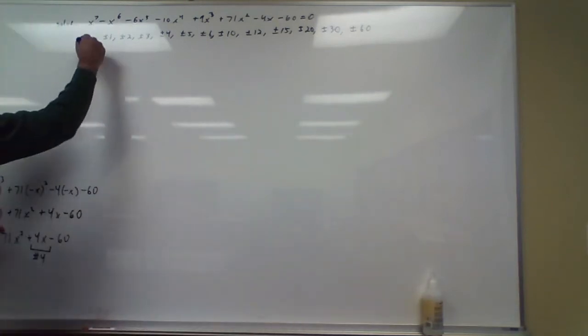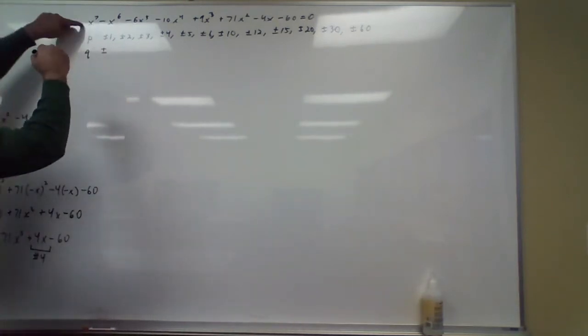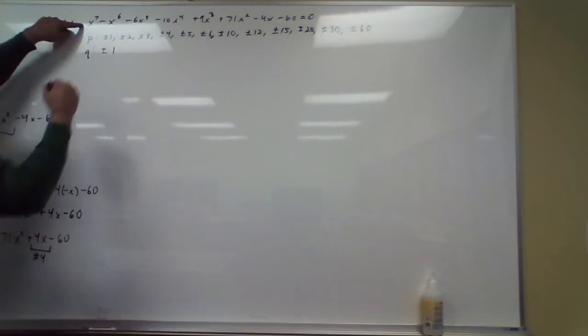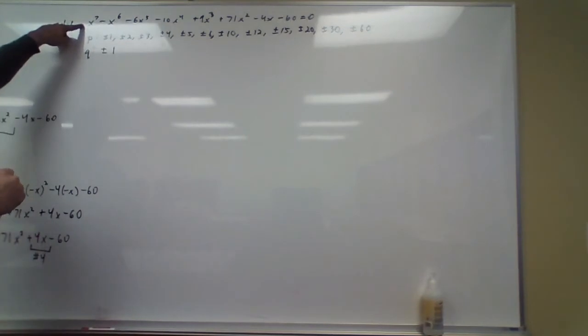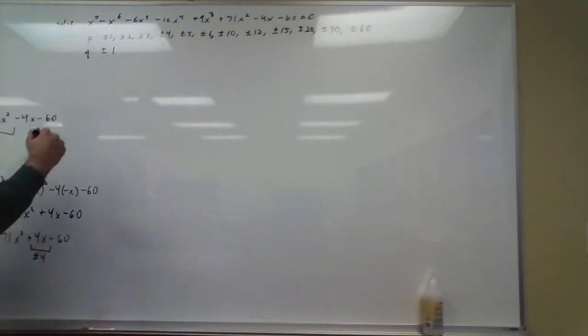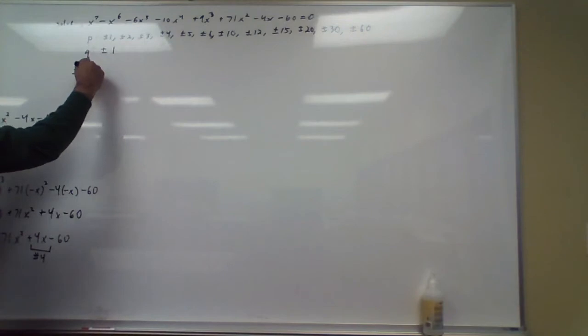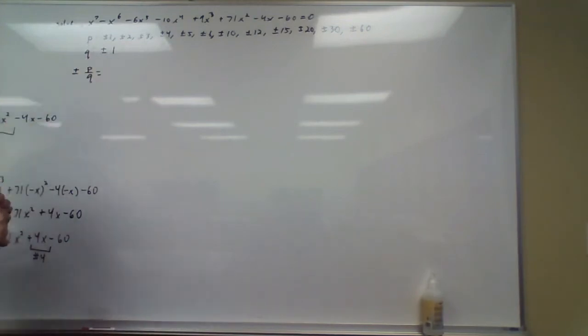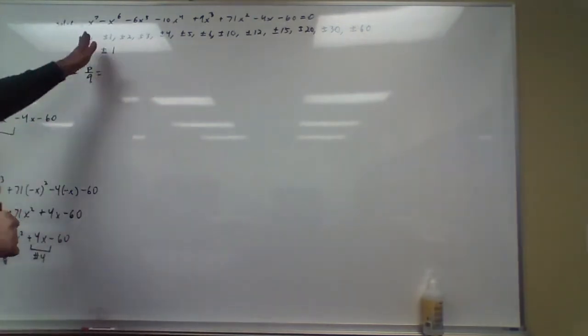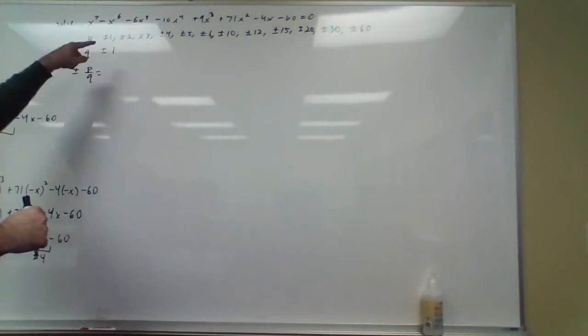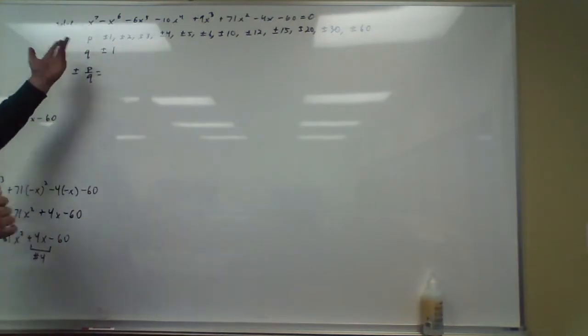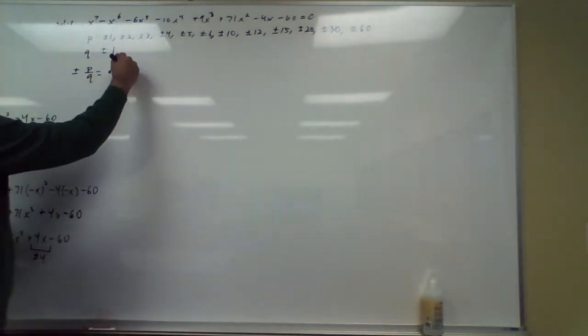Q is all my factors of the lead coefficient 1. So plus or minus P over Q would be all the P's over 1. So it just ends up being all the P's.